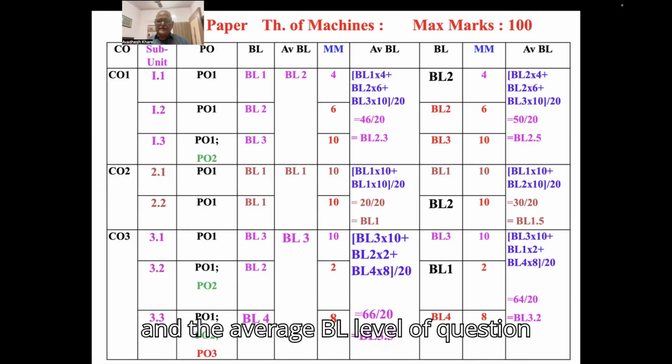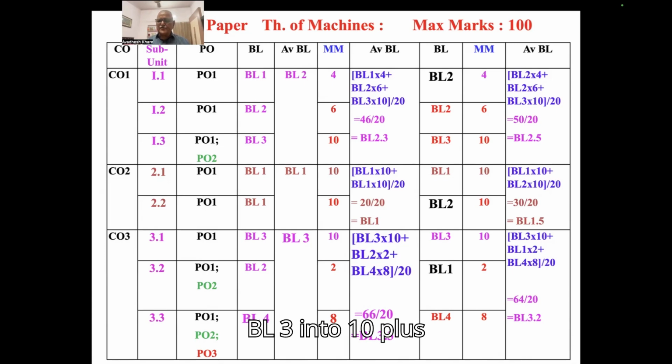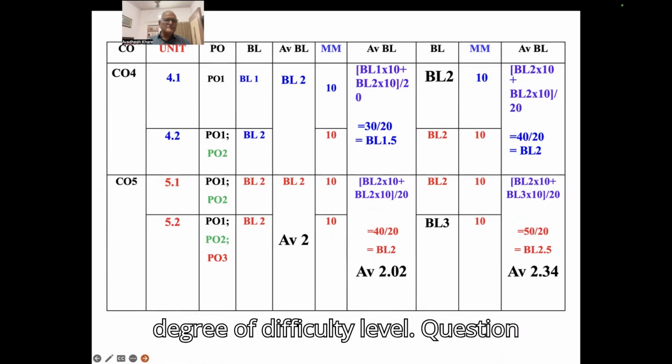And the average BL level of all parts of question number 3 will be BL3 into 10 plus BL1 into 2 plus BL4 into 8. This is 3.2. So we notice that question number 3 is slightly easier. In place of BL 3.3, we have BL 3.2 as the degree of difficulty level.